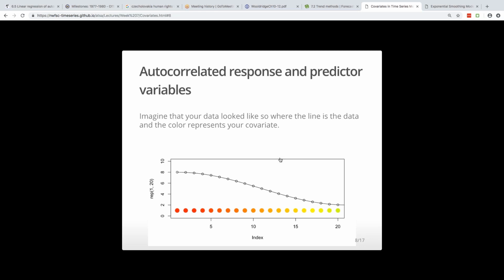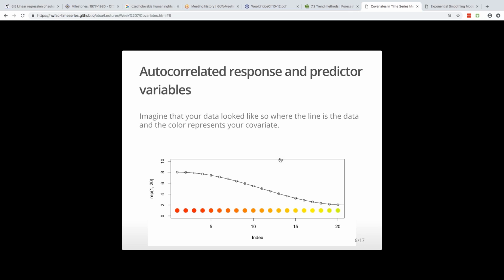There's a couple things that can happen. One, it could just be spurious. And so you're saying, yes, they're correlated, even though they're possibly not all that correlated. And the other thing that can happen is that you are using too big of a sample size. So if you think about this, okay, I got 20 data points here.